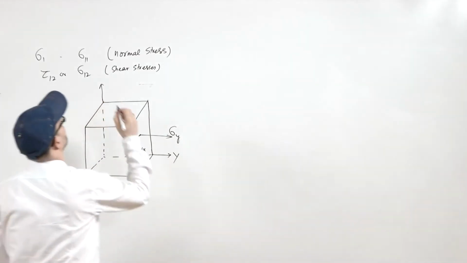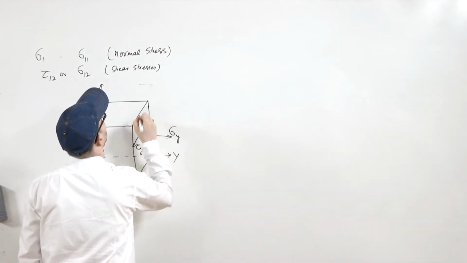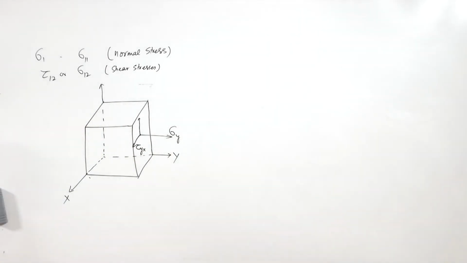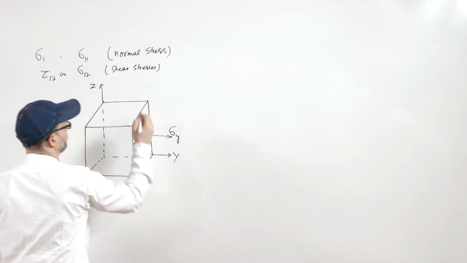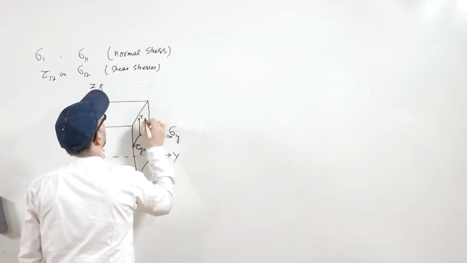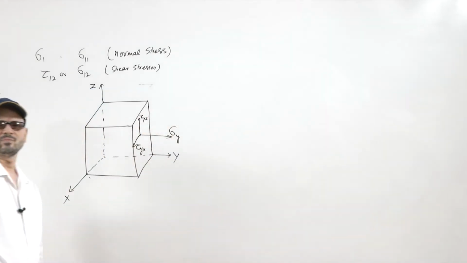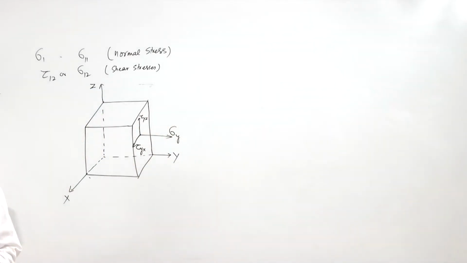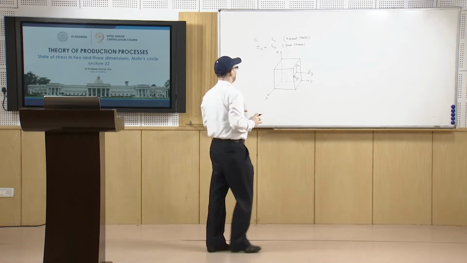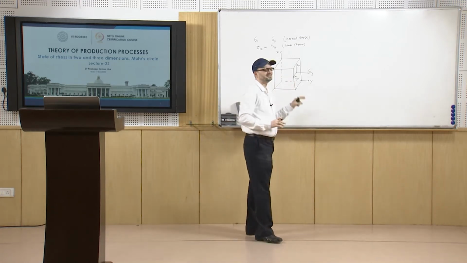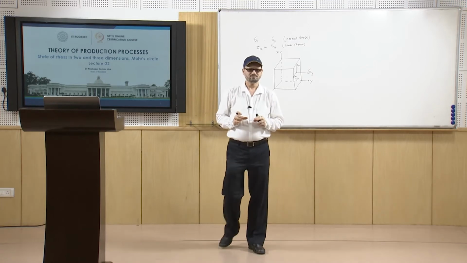Similarly, the shear stress which is in this plane itself but acting in the z direction will be tau y z. This is the sign convention followed for defining the stresses.